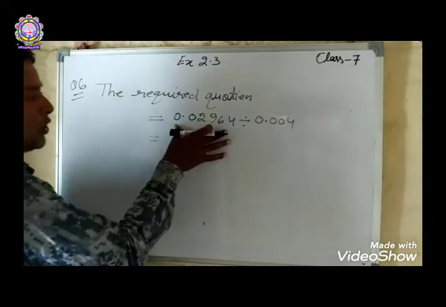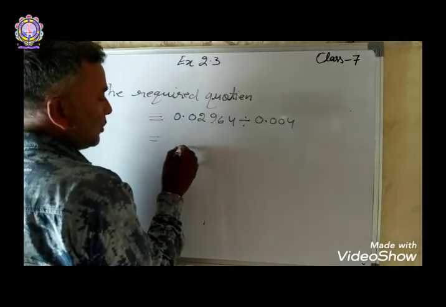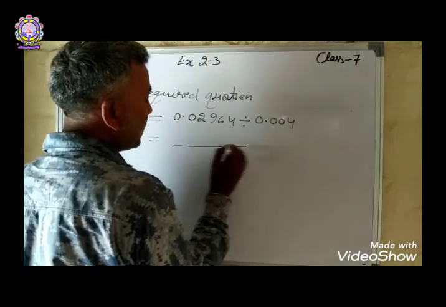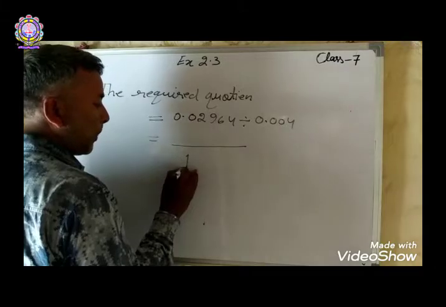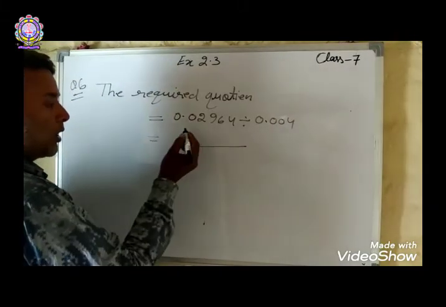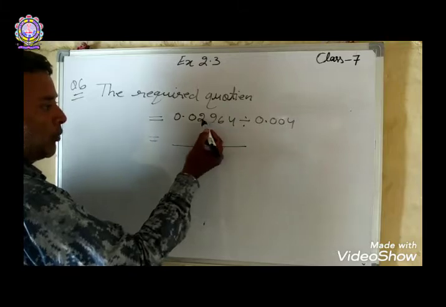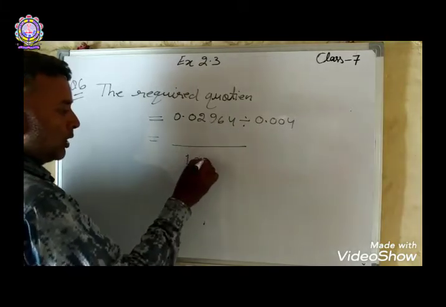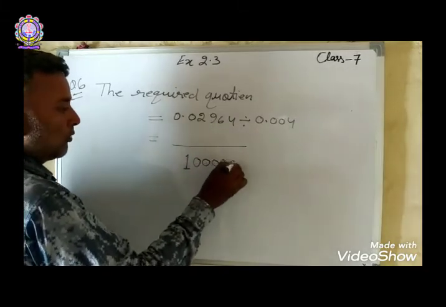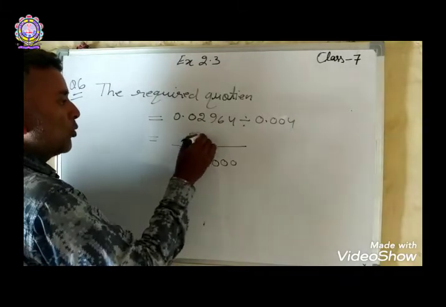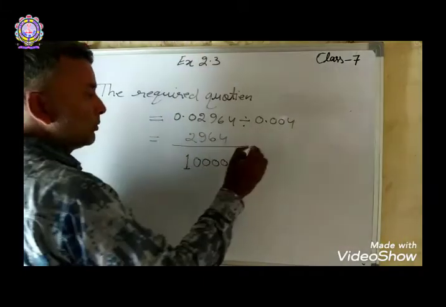So first change into a whole number. We write the 1 below it and count after the decimal how many digits: 1, 2, 3, 4, 5. So we write 5 zeros, 1 and 2964.